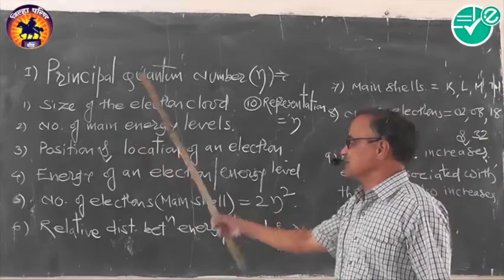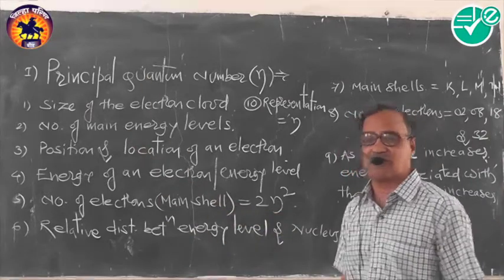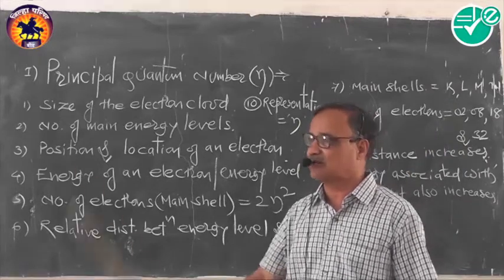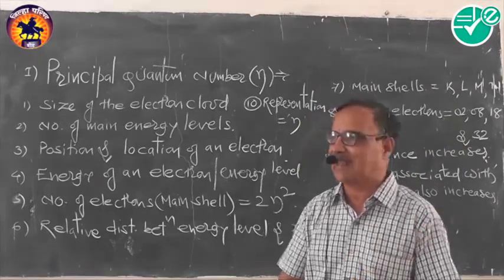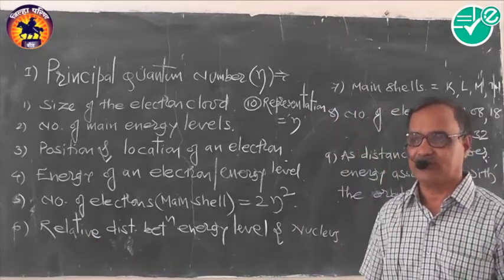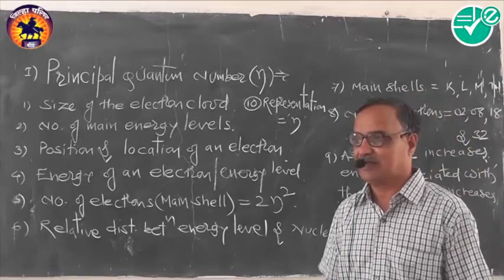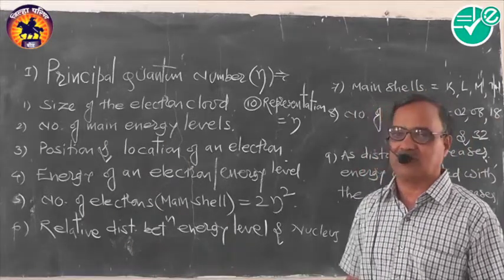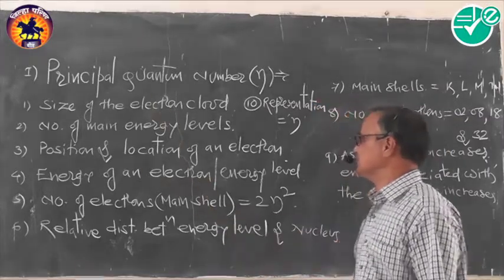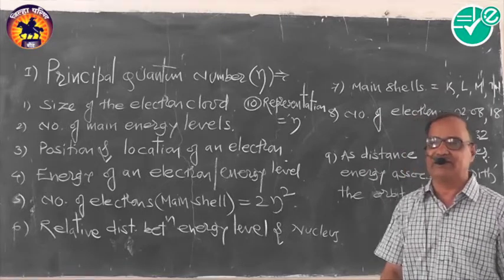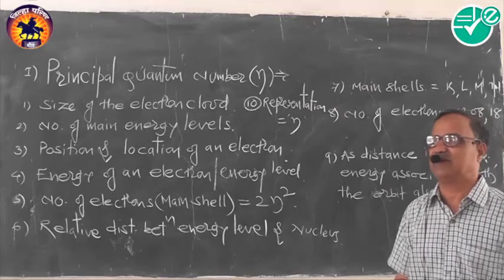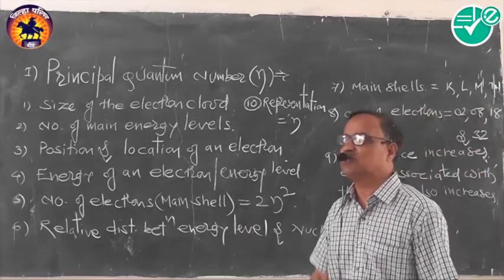So the principal quantum number gives the number of main energy levels on the basis of the atomic number of an element, and we can distribute electrons in the main energy levels on the basis of 2, 8, 18 and 32. So this quantum number gives the number of main energy levels, or number of orbits, or number of main shells around the nucleus of an atom.